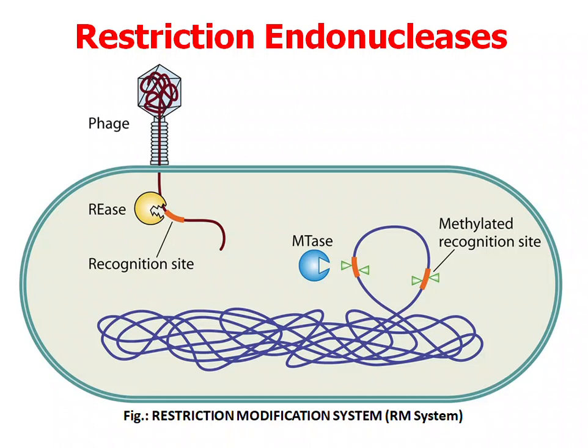Restriction enzymes do not cut the bacterial DNA, as it contains another enzyme called methyl transferase. The function of the methyl transferase is to transfer the methyl group to the restriction sites present in the bacterial DNA. Once it is methylated, it cannot be recognized by restriction endonucleases.